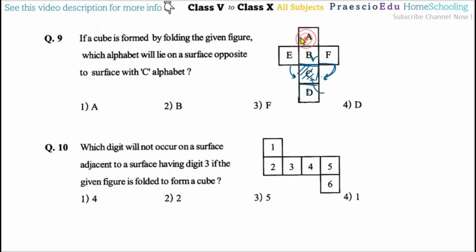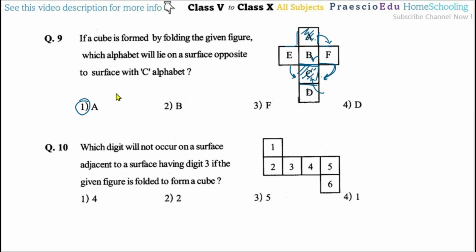But A has this edge, and this edge of F and this edge of F will meet each other, but surface C and surface A never meet each other, means these two are opposite to each other. So that's why option A, means 1, is the correct one. So option number A, means 1, is the correct one.